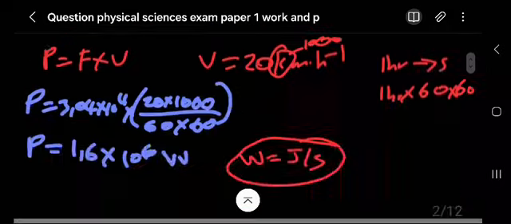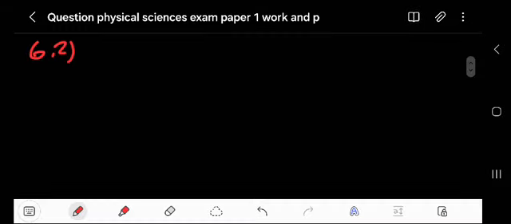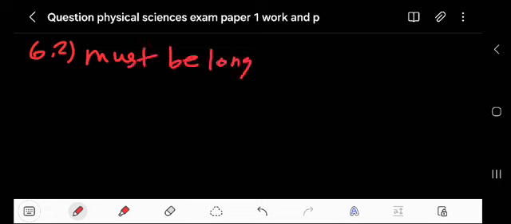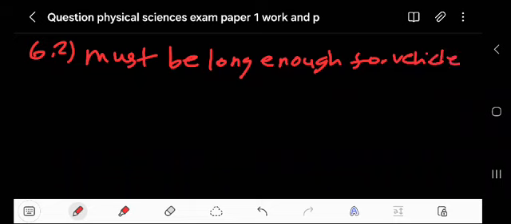One, the designers of these things must make them long enough, long enough for vehicles to stop. You understand this?